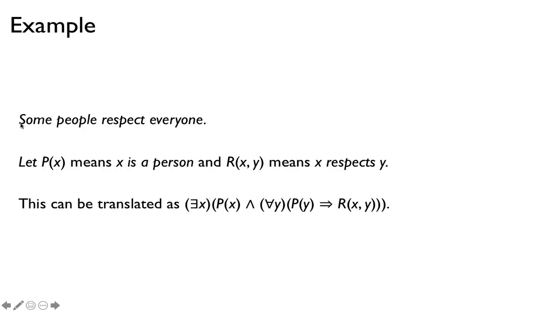So we can translate this sentence, some people respect everyone, as there exists x, right? Some means there exists at least one person. There exists an x such that p of x and, so p of x means that x is a person, so there exists at least one person. And for all y, for anyone else, if that object is a person, p of y implies x respects y.